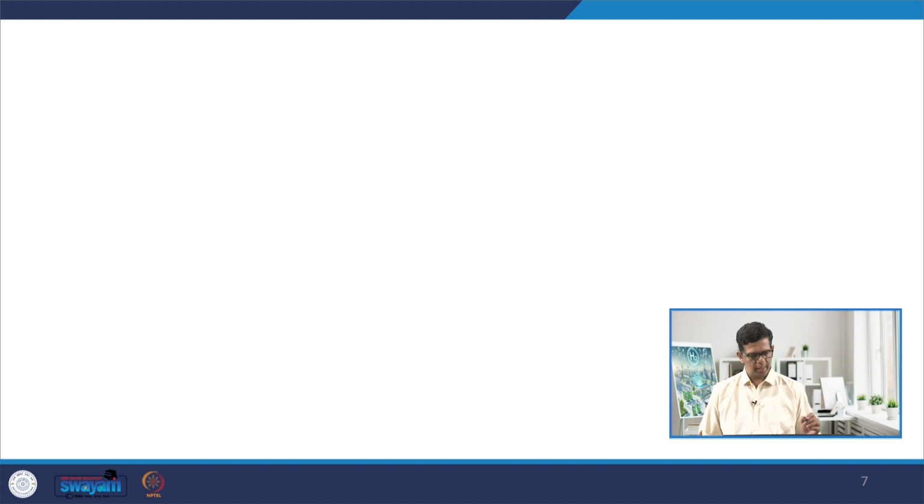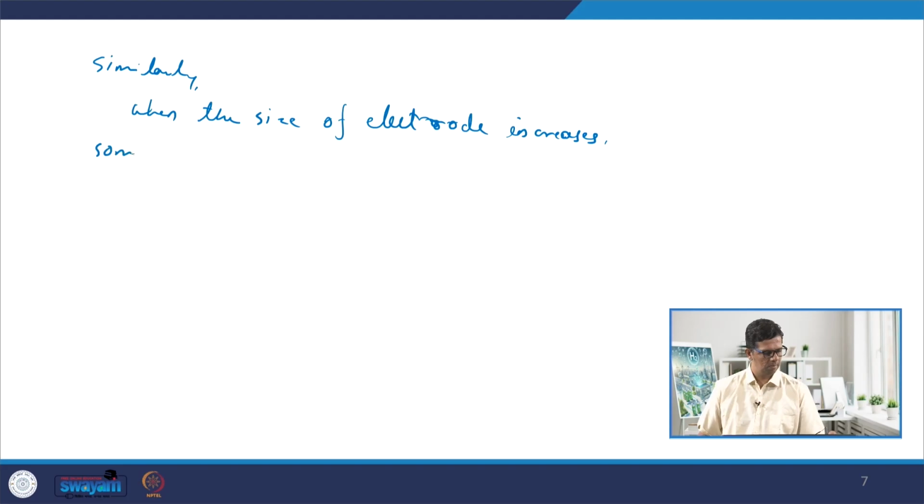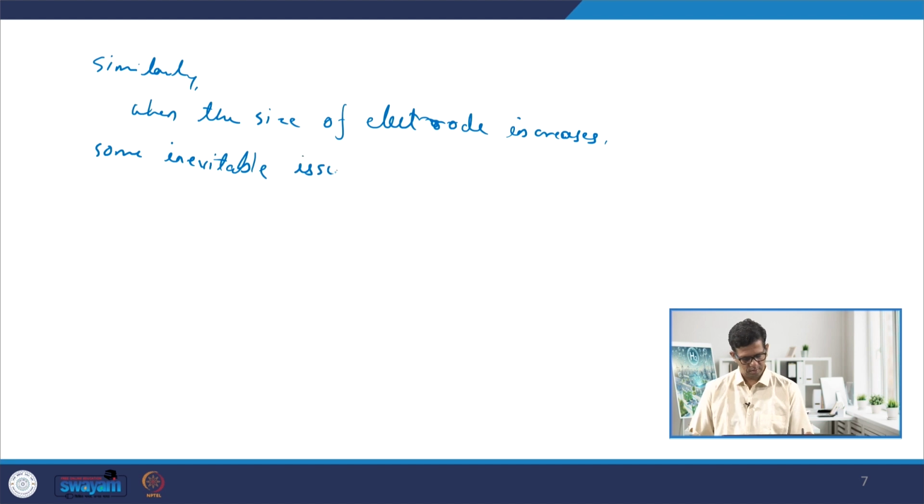Similarly, if we extend this thought to the scale-up issues, when the size of the electrode increases, some inevitable issues are incurred.